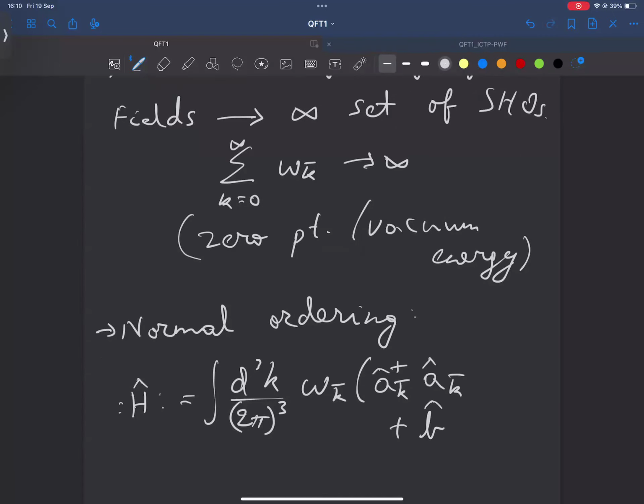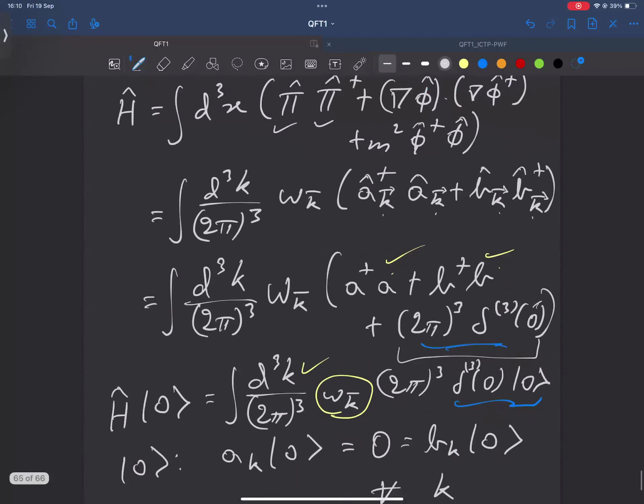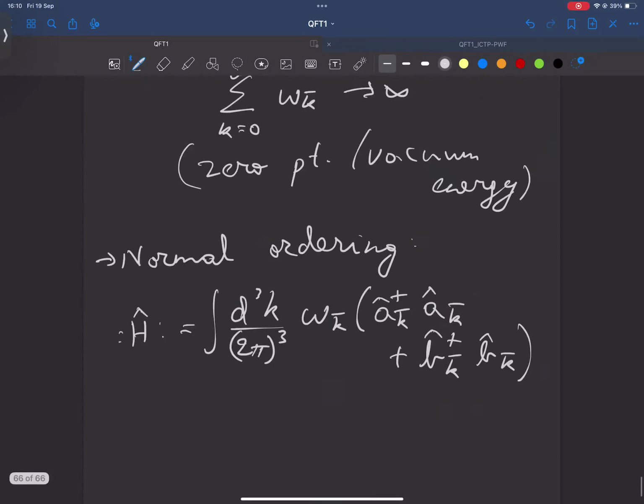Which is essentially saying that you neglect the zero point energy. So it's just that I dropped this quantity altogether. So normal ordering tells me that if you write operator valued fields in such a way that all the annihilation operators are to the right of all the creation operators, then that amounts to saying that you neglected the zero point energy.